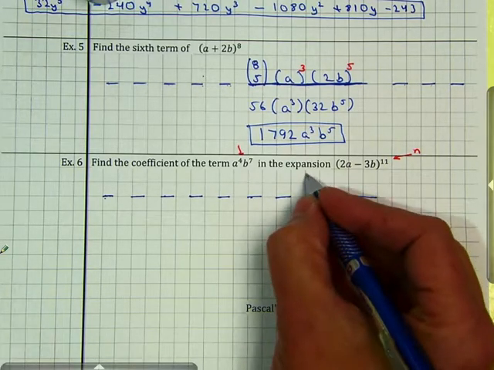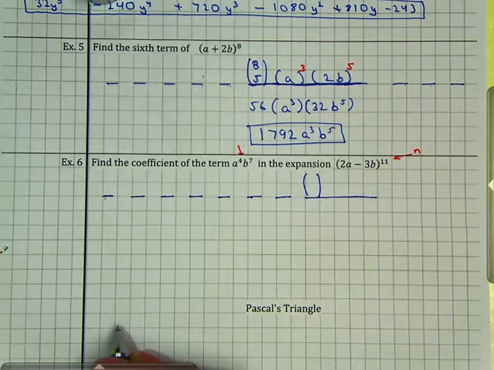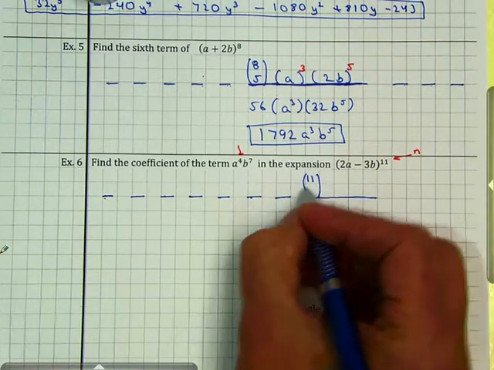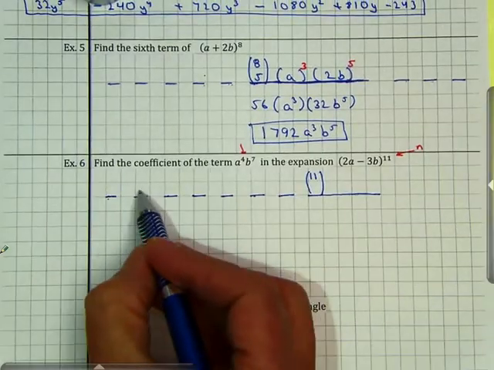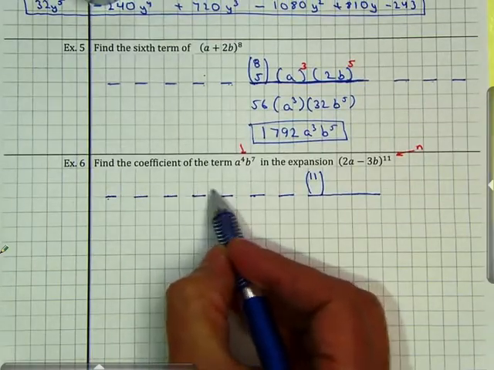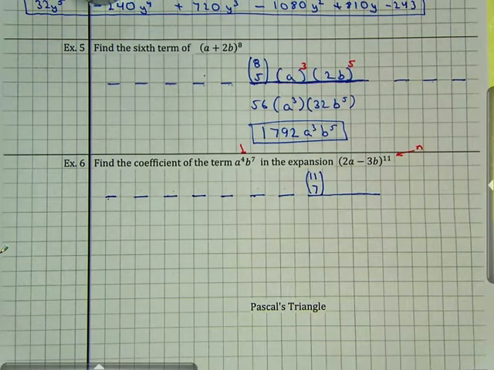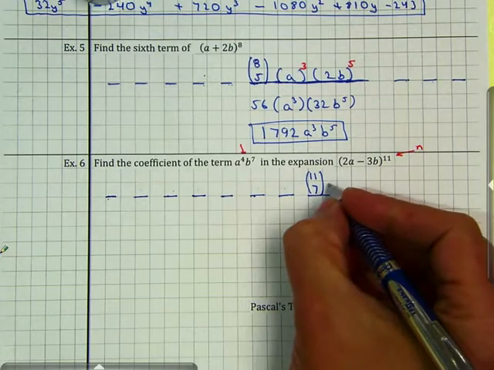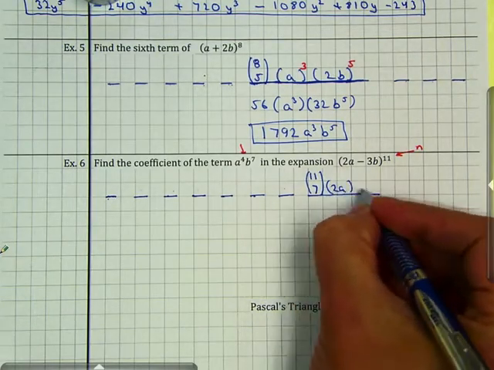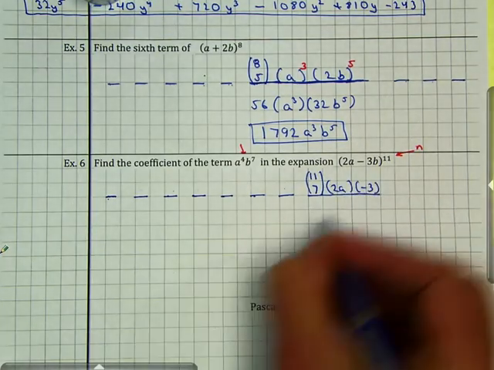So therefore, I'm going to place, this will be 11 choose 0, choose 1, choose 2, choose 3, choose 4, 5, 6, 7. 11 choose 7. My A will be 2A, my B will be negative 3B.